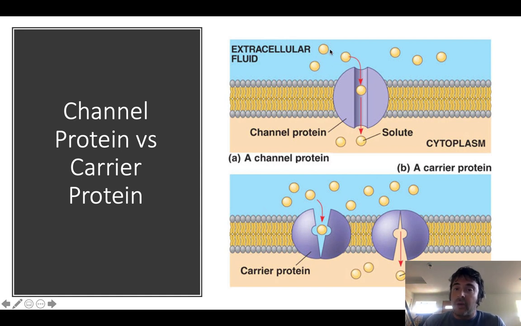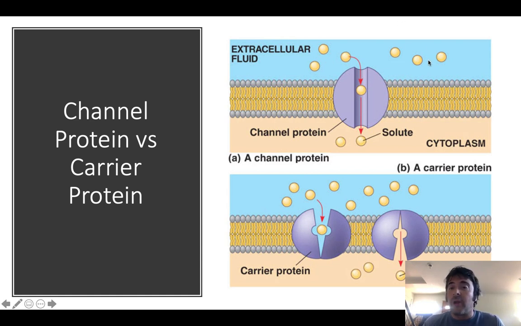Now, a really important functional characteristic of channel proteins and carrier proteins is that they're specific. So if I say I have a sodium channel, that sodium channel will only move sodium. If I say I have a potassium channel, that potassium channel will only move potassium. If I say I have a calcium channel, that calcium channel will only move calcium.